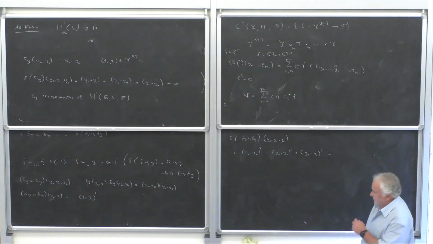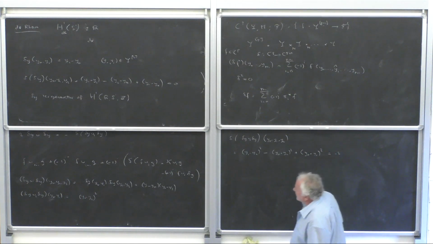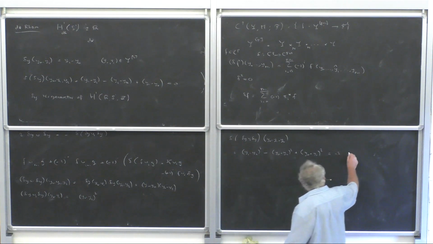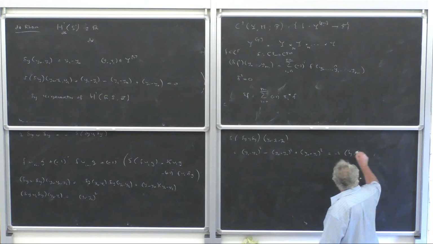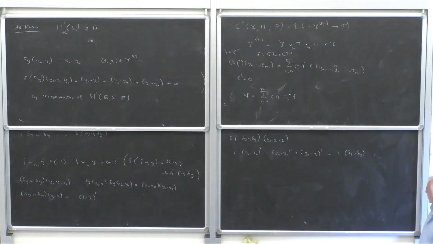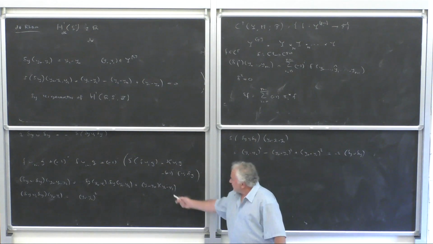And well, you can work this out. This is minus 2 times del y cup del y. It's minus 2 times the guy over here.